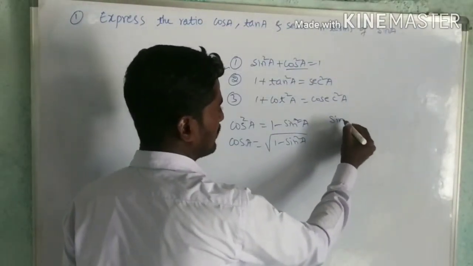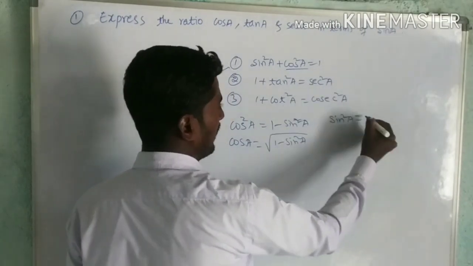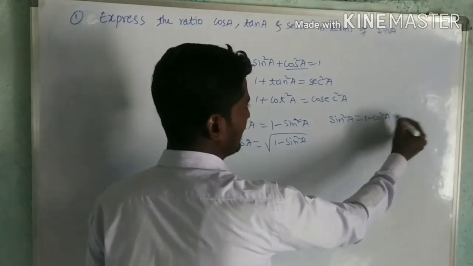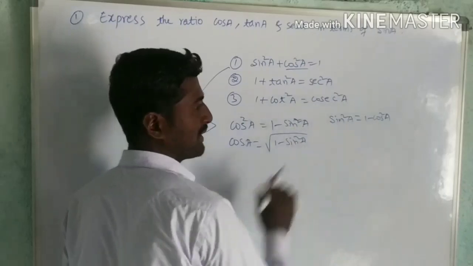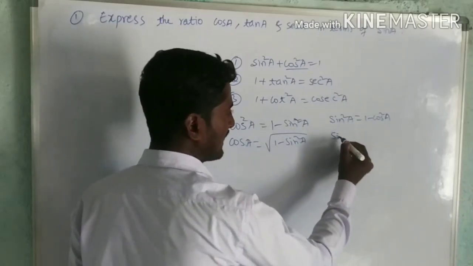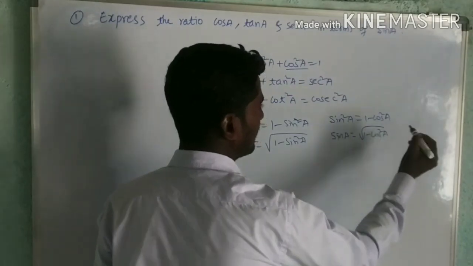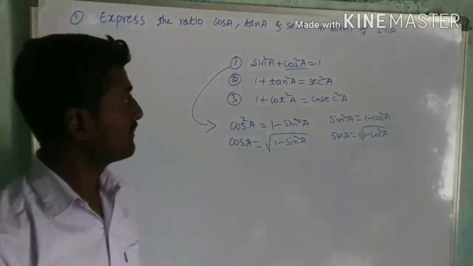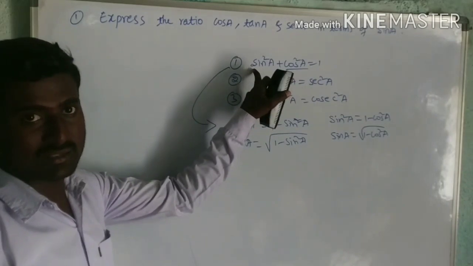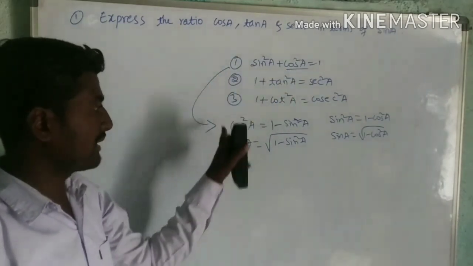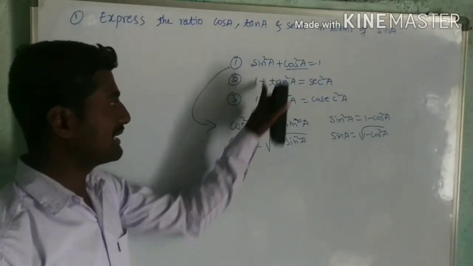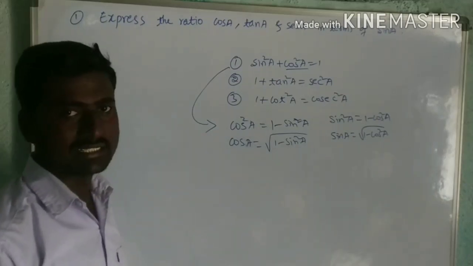Sin square A is equal to 1 minus cos square A, or sin A is equal to root of 1 minus cos square A. Okay, this is the major identity, and it can be converted this way. That is the first identity.